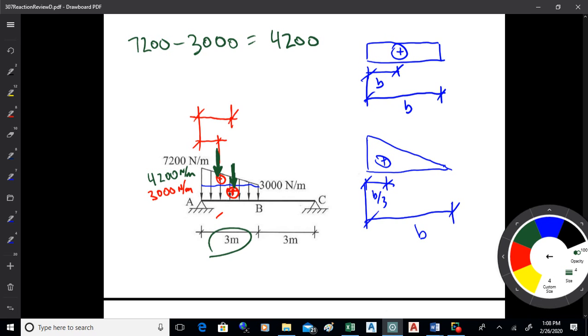And then we want to know their distances as well. So y'all getting to those all right? This is the area of the rectangle, the area of the triangle, and we want to know how far they are from A.